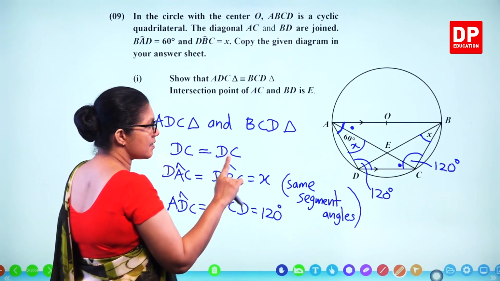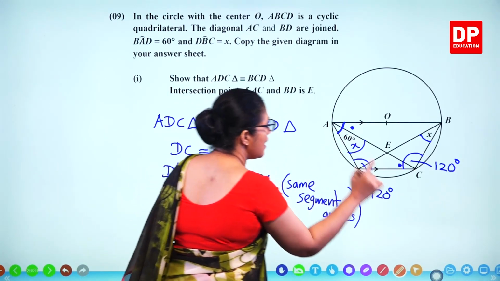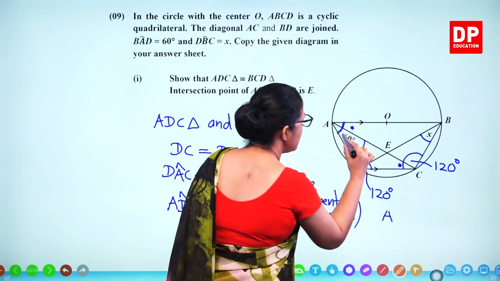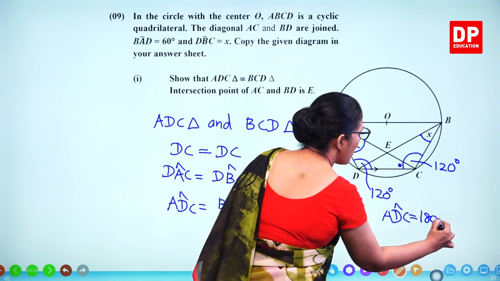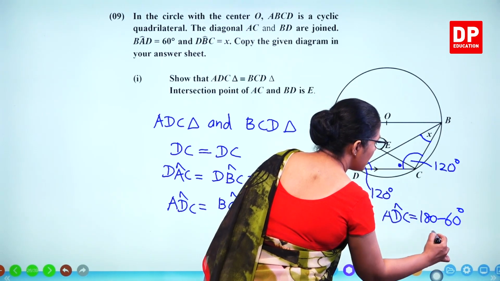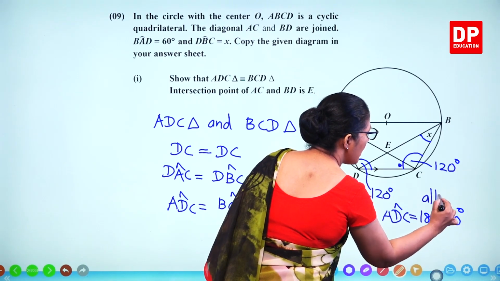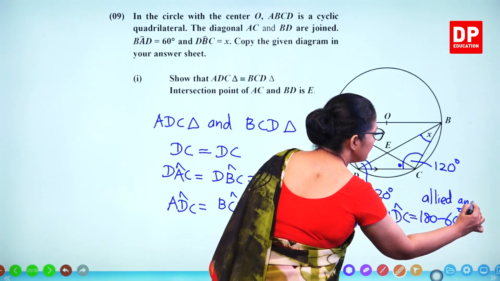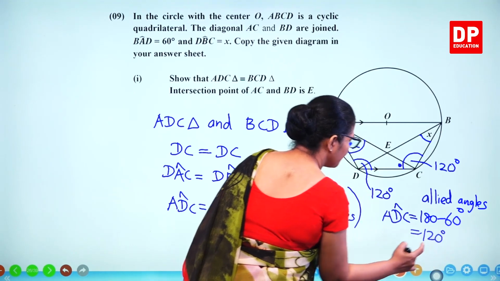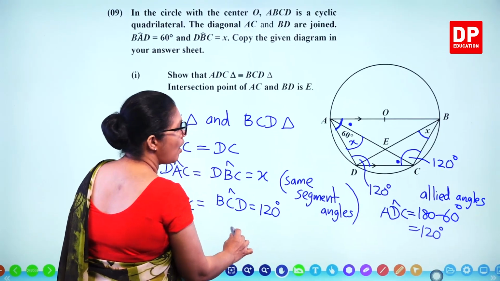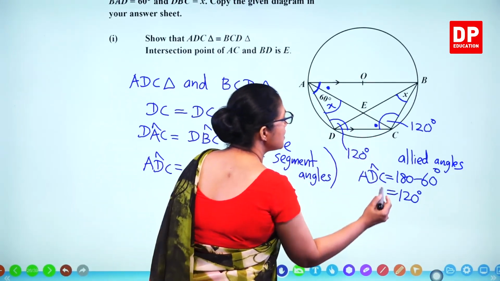Why? What's the reason? So you can say ADC is 180 minus 60, because of allied angles. That's 120. And how do you say this is 120?